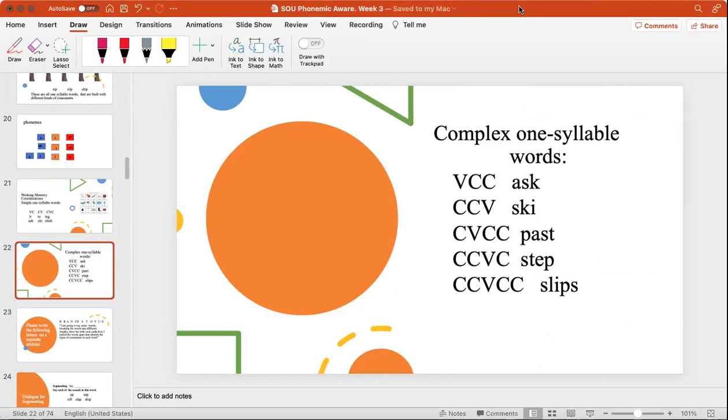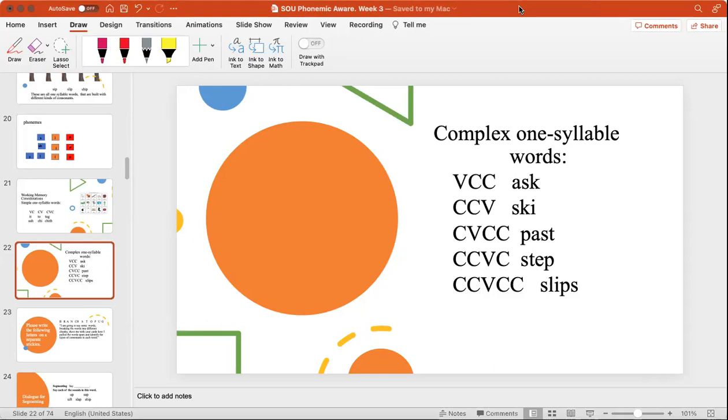But then you have a lot of co-articulation going, don't you? So the word ask, every one-syllable word can only have one vowel, but it can have many consonants surrounding it. So you could have VCC or CCV or a single consonant and a consonant blend at the end. These are the different types of complex one syllable.